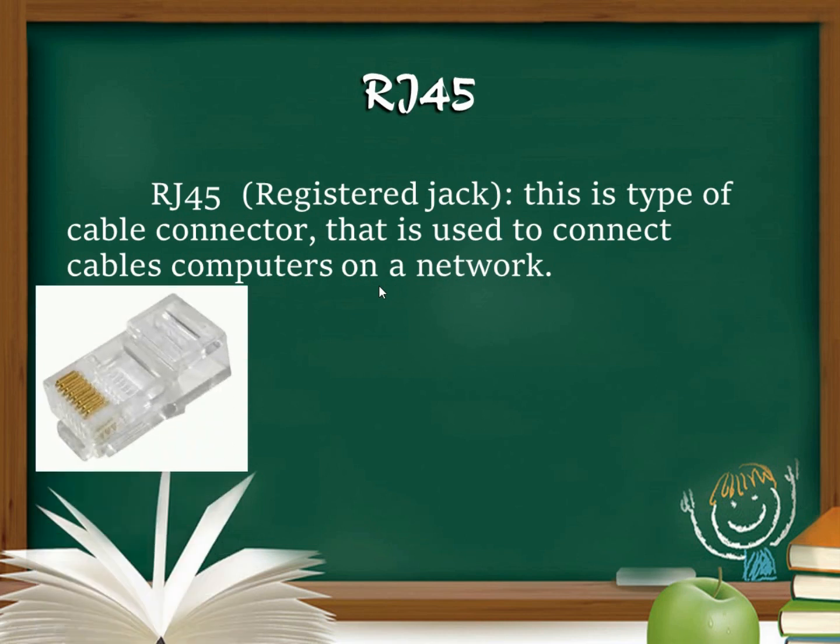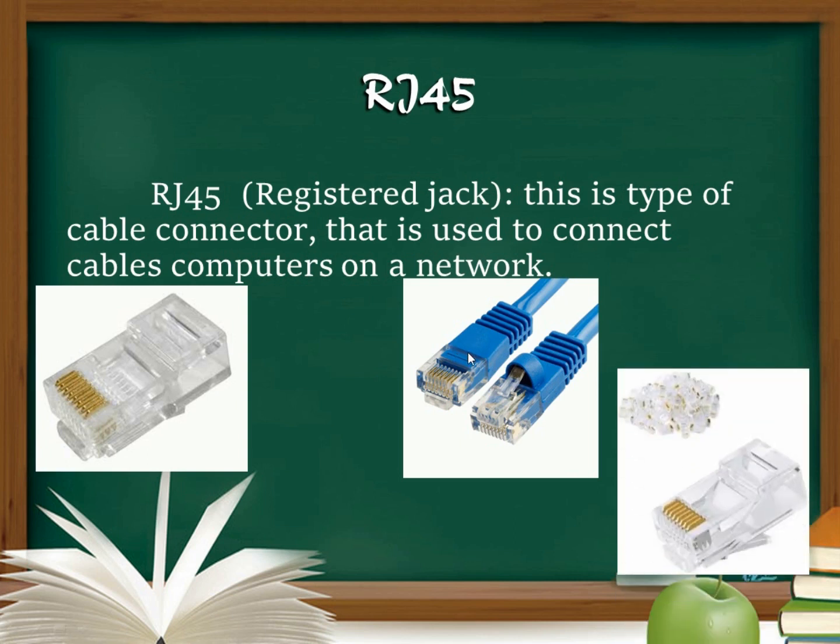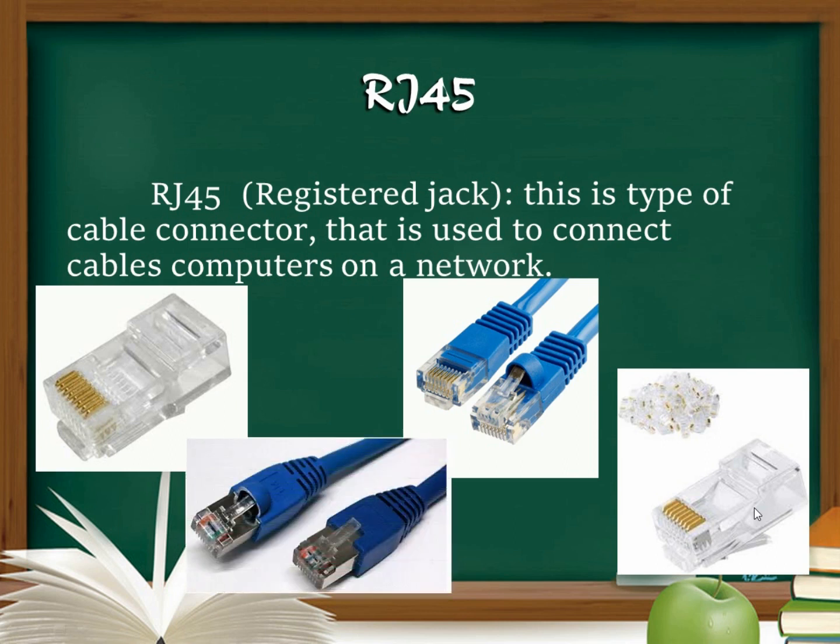Here's a picture of an RJ45, and here's another one with a cable. So the cable has been connected to the RJ45. I know you must have seen this, but you don't know what the connector is called. So it is RJ45. The connection of both ends makes it a straight through cable or a crossover cable. So here are other RJ45s. This is how it looks before it is connected to a cable, and here's the connected one.